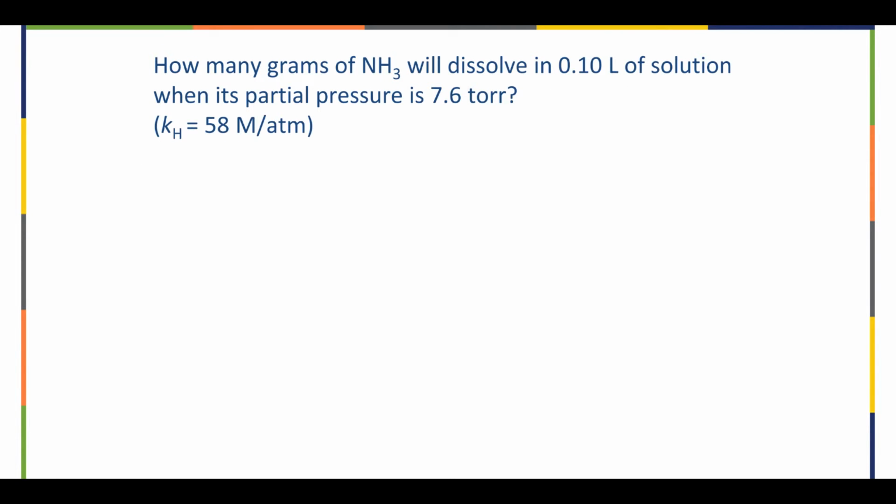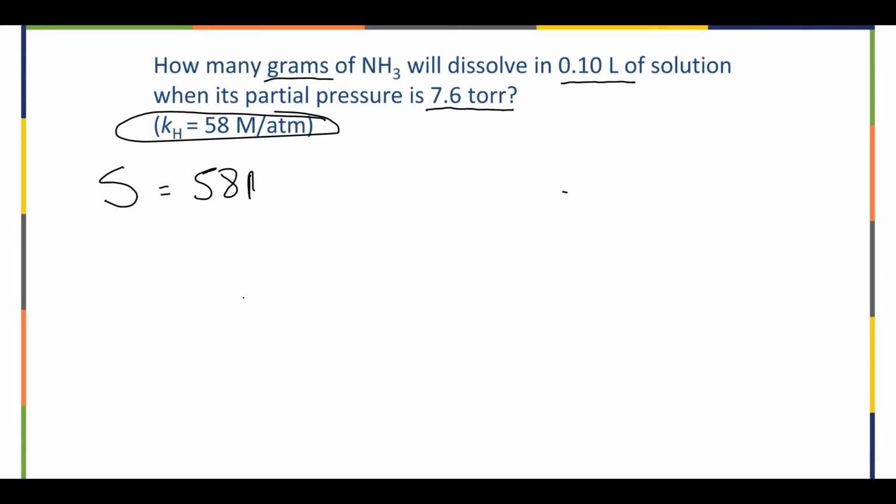All right, so how many grams of ammonia will dissolve in 0.1 liters of solution given this partial pressure? The H has to be given as 0.58 moles per liter per atmosphere. So we know that the solubility is going to equal 0.58 molar per atmosphere multiplied by the pressure. Well, this is in torr and that's in atmospheres.